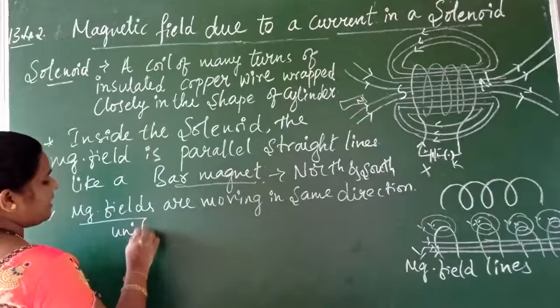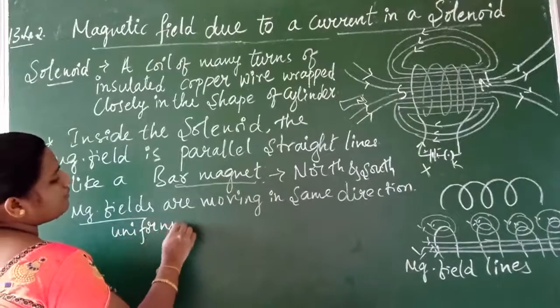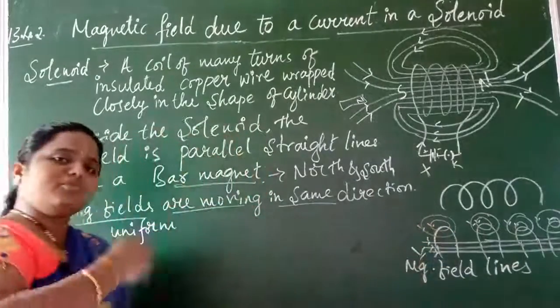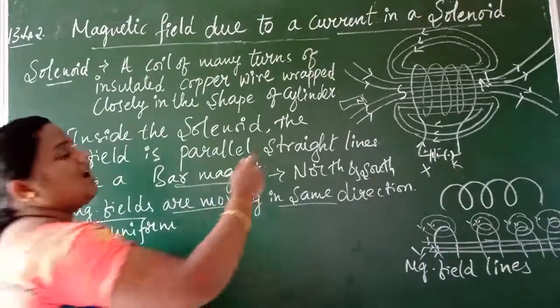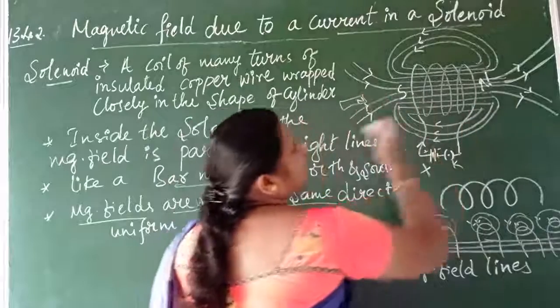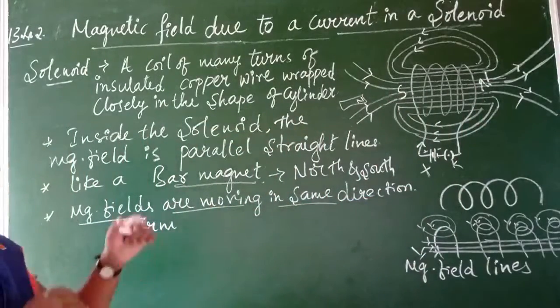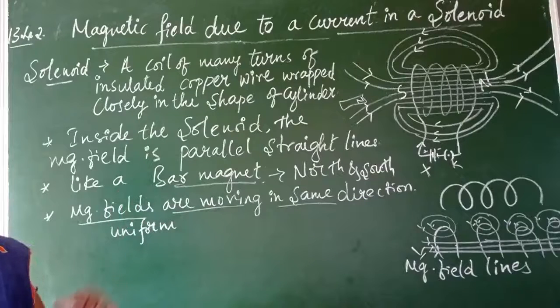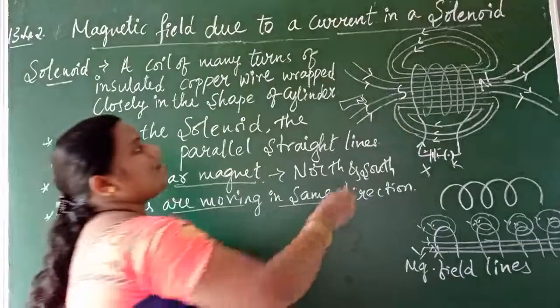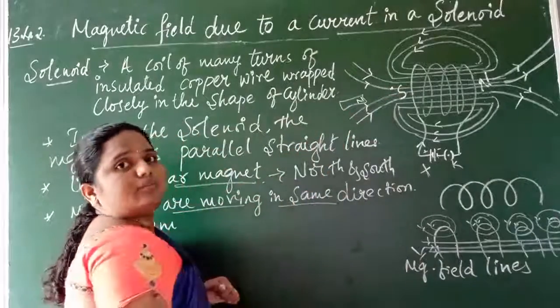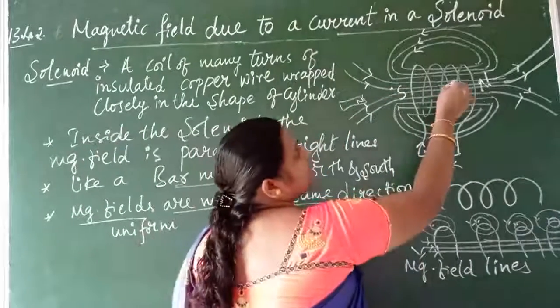Same can also be called uniform, because all the magnetic field lines are moving in the same direction, inside the coil. Inside the solenoid, they are parallel straight lines. Means inside the solenoid, the magnetic field lines are uniform. For example, when we check at this point, the magnetic field line is moving towards the north inside the solenoid.